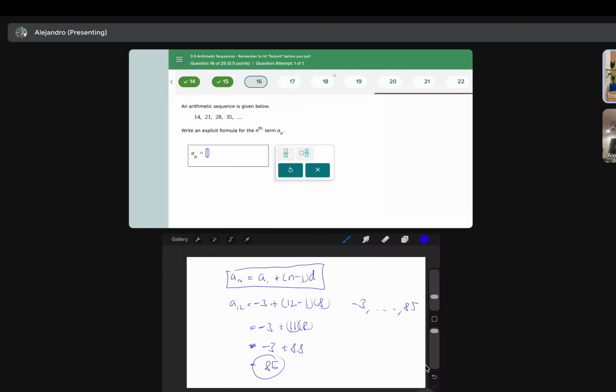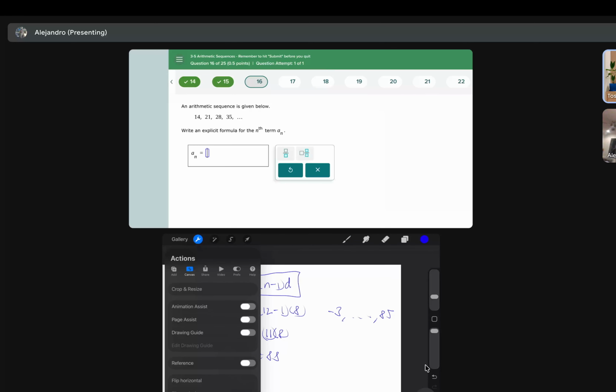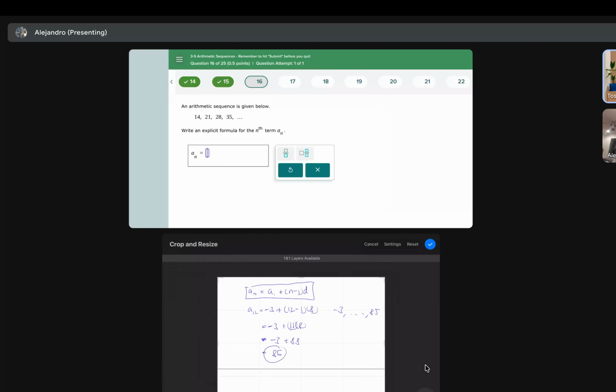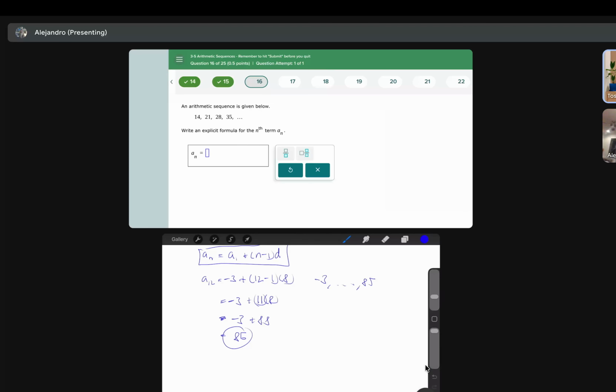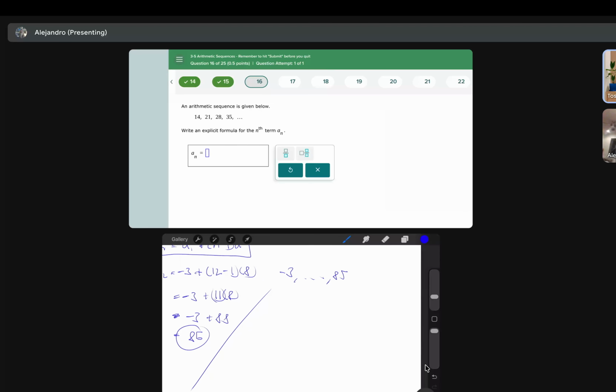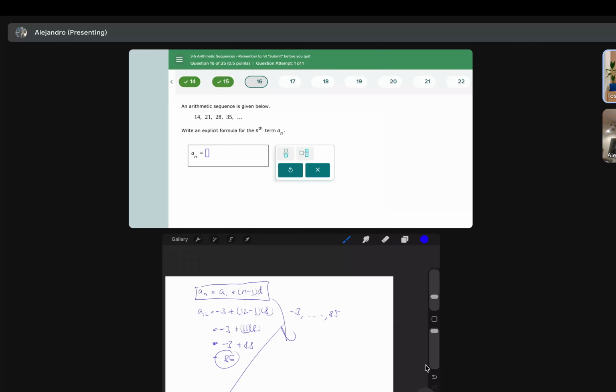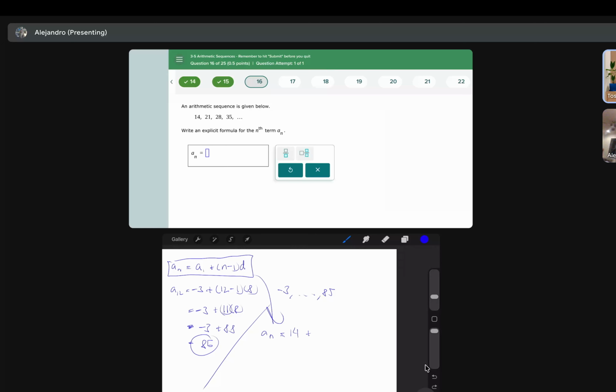More practice. They really want you to be very familiar with it. Then let's do it. Go ahead and do it over here. So A sub n equals 14 is the first term, plus n minus 1, times the common difference. I'll do d equals 28 minus 21.